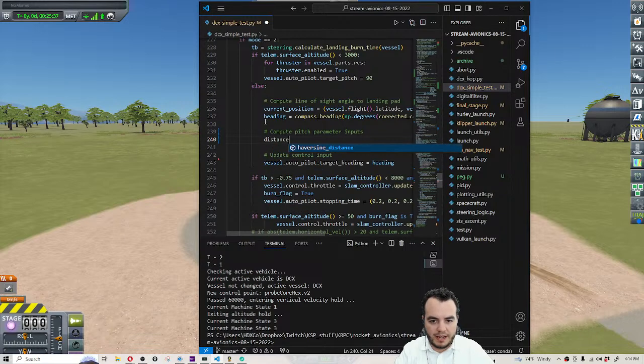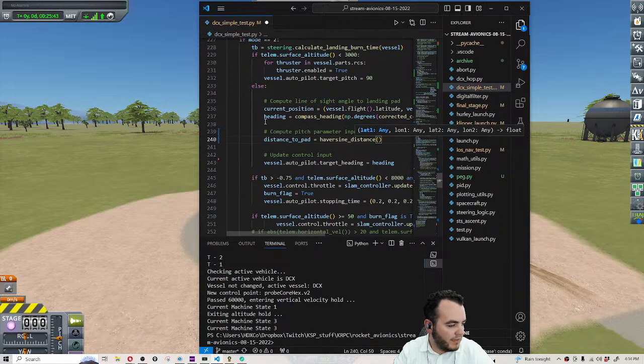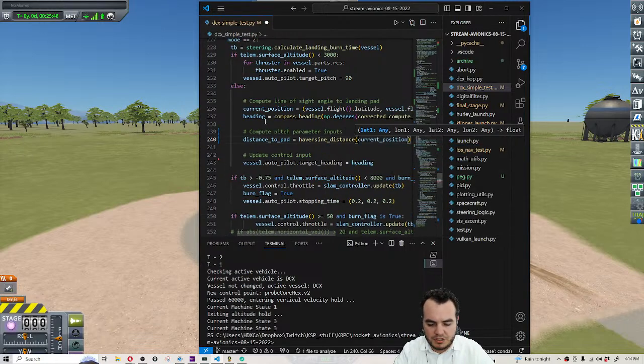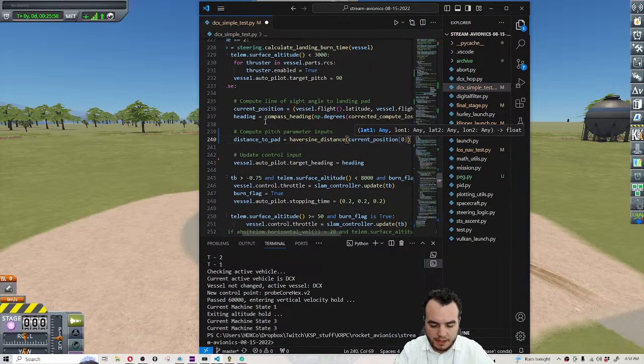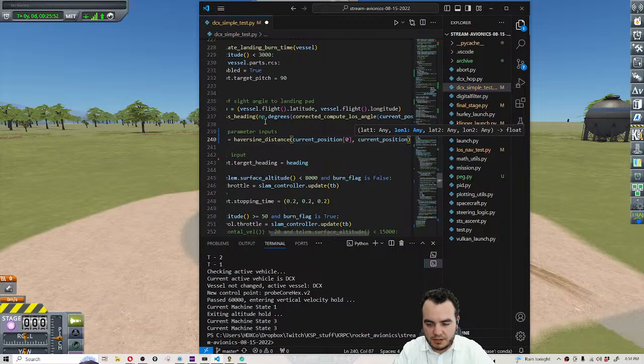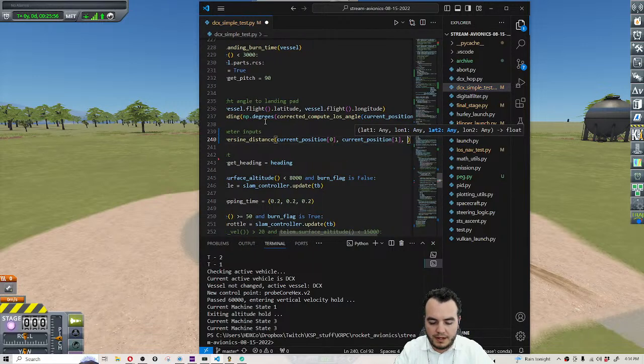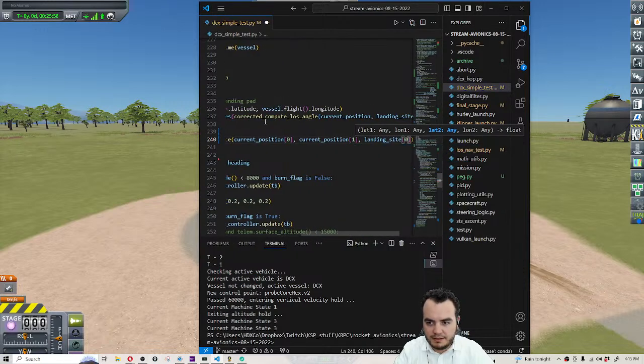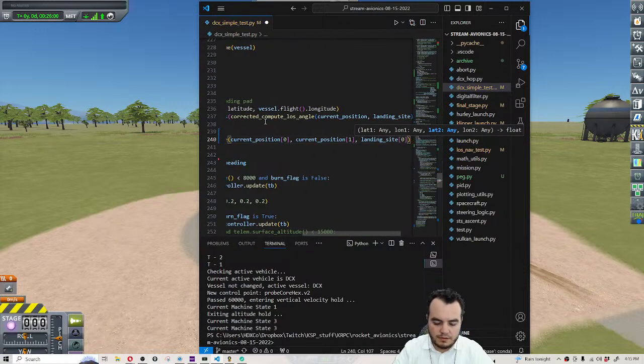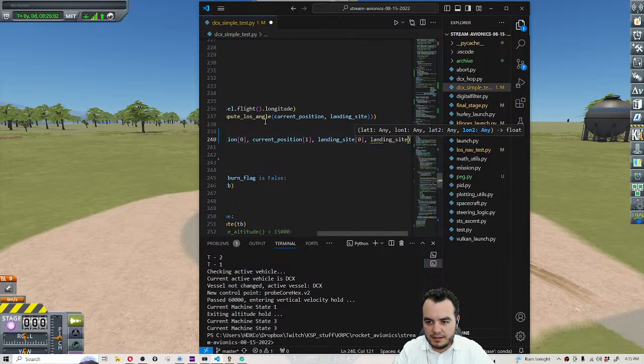And so we are now going to have our distance to pad equal our Haversine distance, and that is going to take in our current position 0, our current position 1, and then our landing site 0, and then our landing site 1.